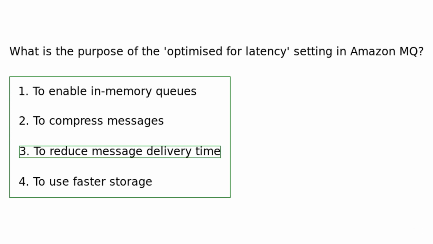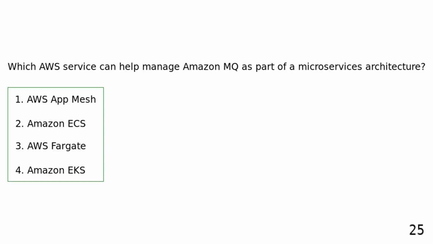The optimized for latency setting in Amazon MQ is designed to reduce message delivery time, suitable for applications requiring quick responses. Which AWS service can help manage Amazon MQ as part of a microservices architecture? AWS App Mesh, Amazon ECS, AWS Fargate, Amazon EKS.